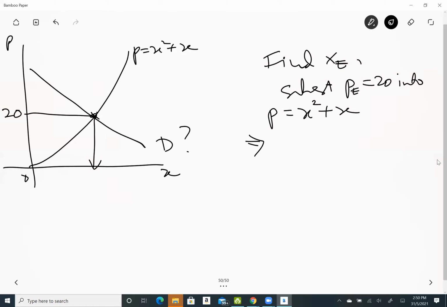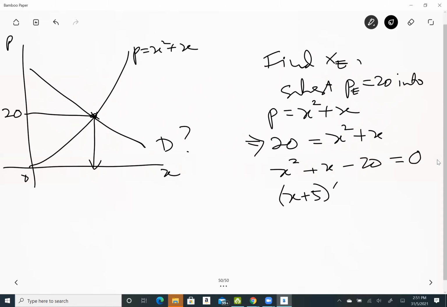That will be 20 equals x squared plus x. This is a bit difficult. So you have a quadratic function x squared plus x minus 20 equal to 0. So here you will get x plus 5, x minus 4.